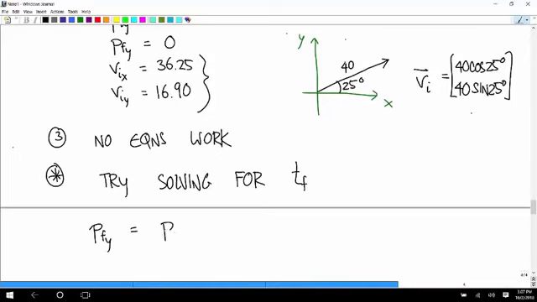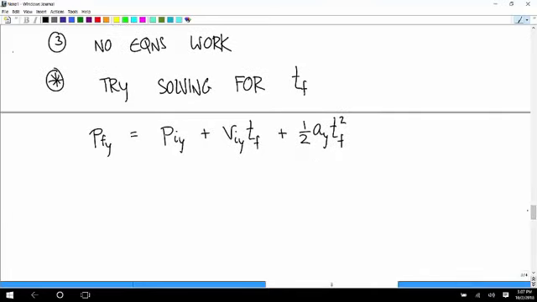PFY is equal to PIY plus VIY TF plus 1/2 AY TF squared. We didn't know what it was for X, but now since we're looking for TF, we're not confined only to X equations anymore. So now we're going to use a Y equation to find TF.